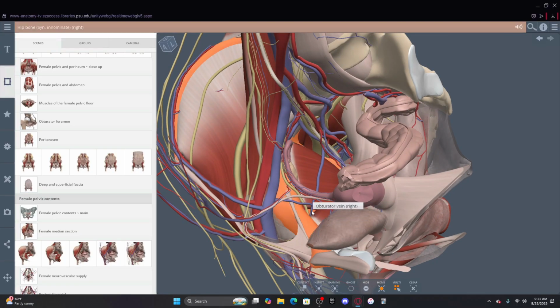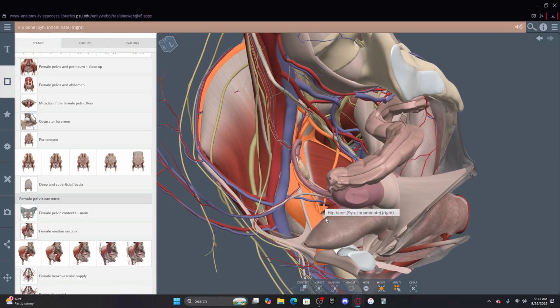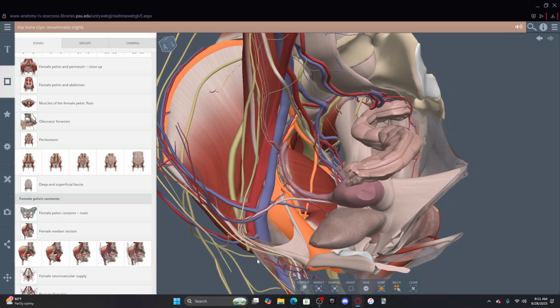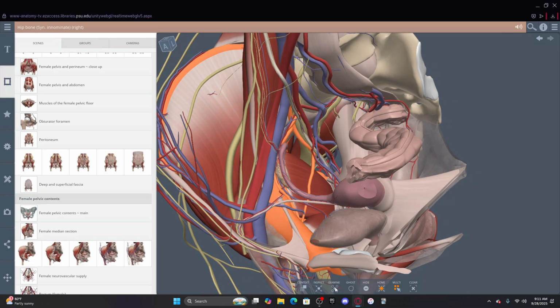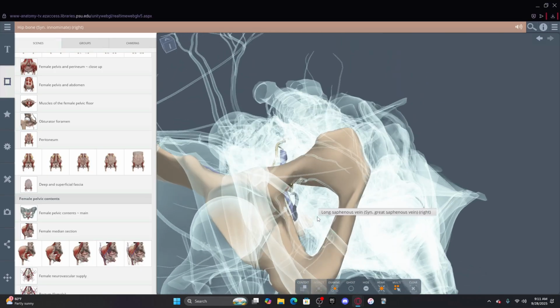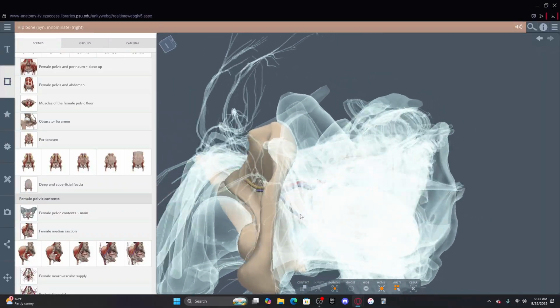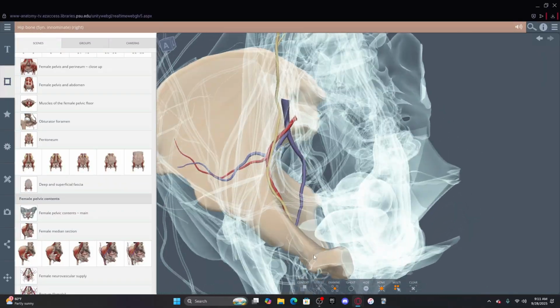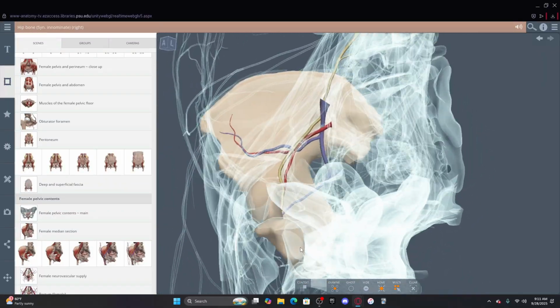I'm going to click on the hip bone and then the three vasculature and nerve structures. So examine, we can literally see the bundle going through the obturator foramen. Makes sense.